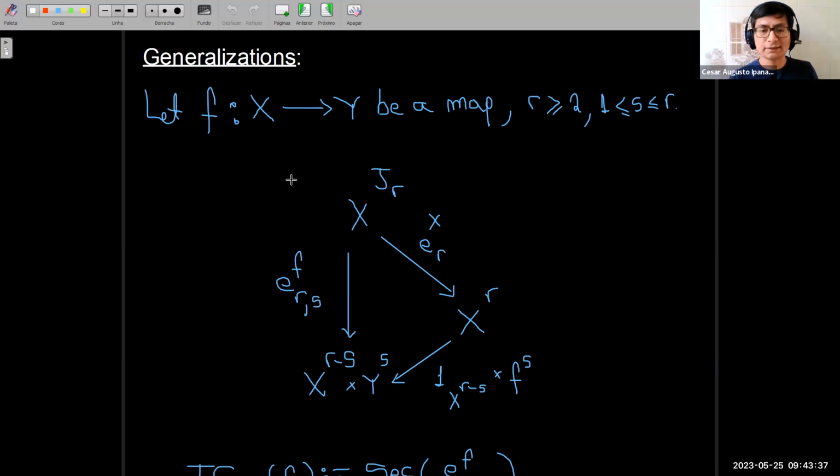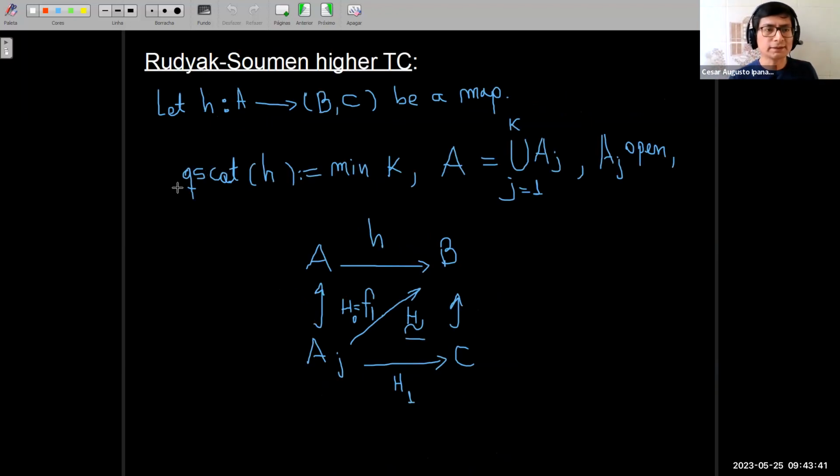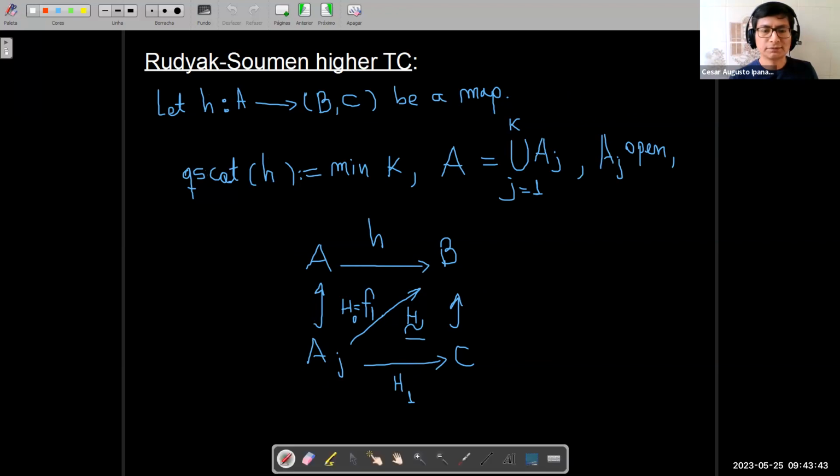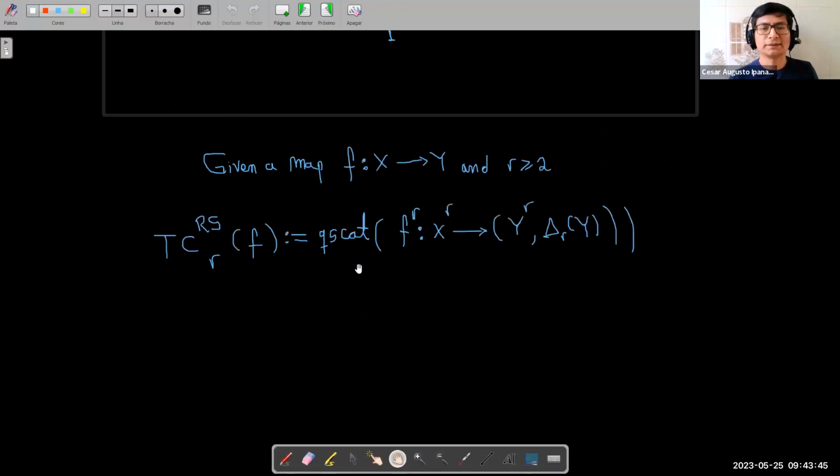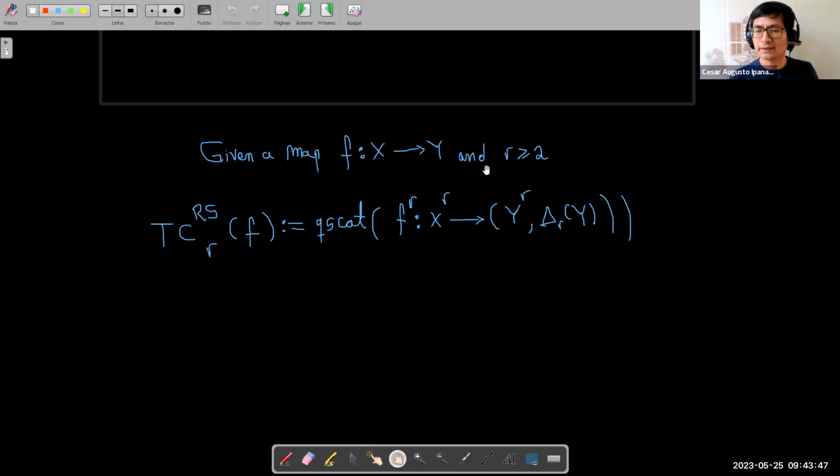I will present then, I'm sorry, I forgot this. Given a map and r more or equal to 2, the Rudyak-Schwarz higher TC is the quasi-strong category for this product, here with respect to the diagonal subspace.